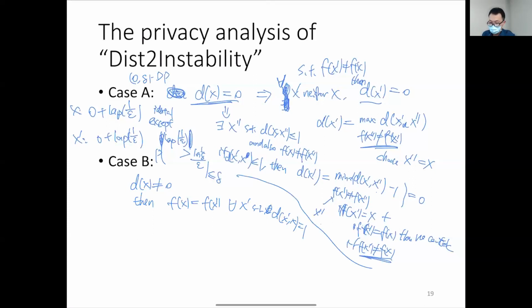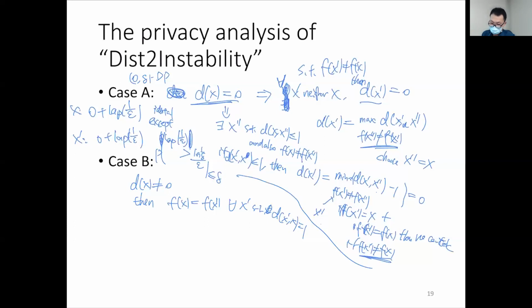Because when the distance to instability is not 0, it means that I can move one step away from me, and the function evaluation is still exactly the same, for any such x'.